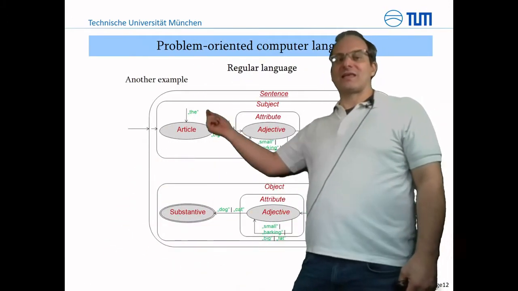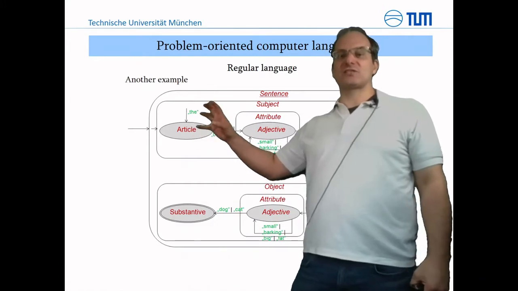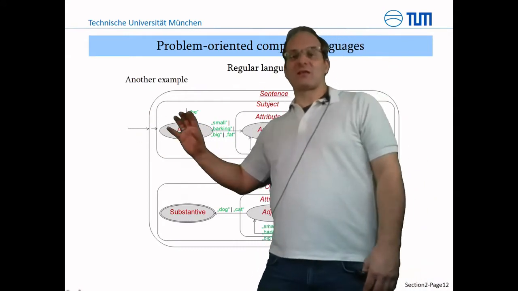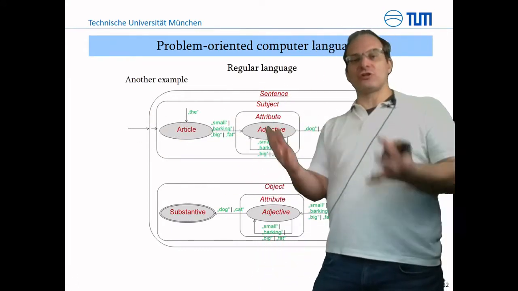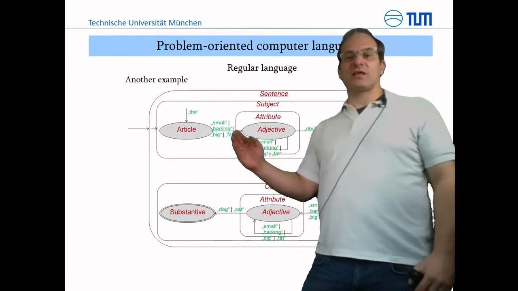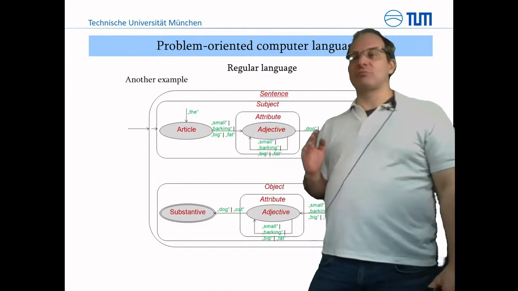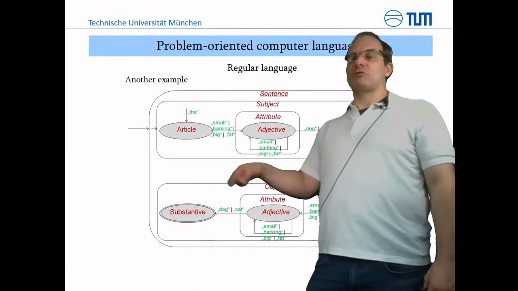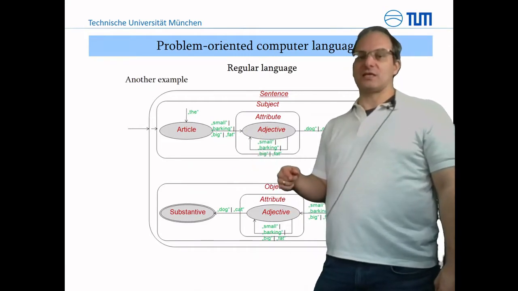And then we jump into it, and each step or each state is then again built with other internal small state charts, like here with article, attribute, and substantive. And attribute is then replaced with a repeating adjective sequence.